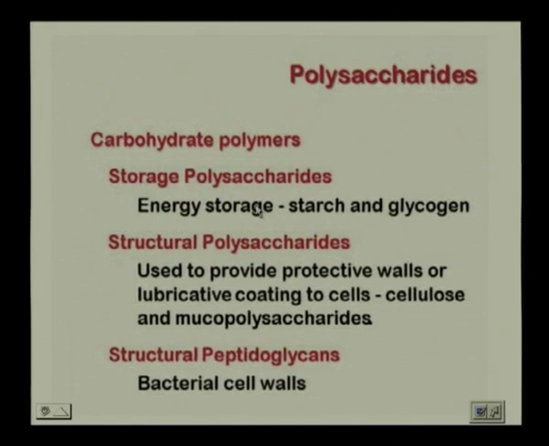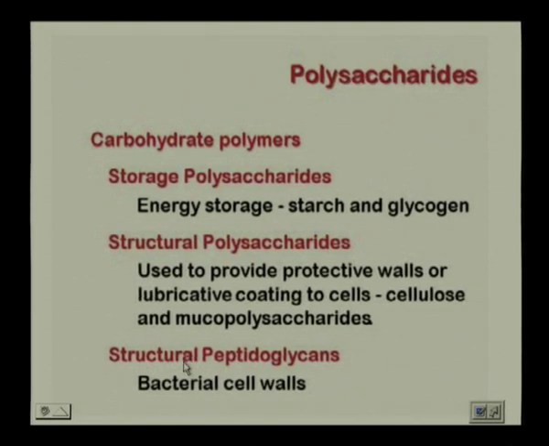The storage types are starch and glycogen. They could be structural, where they are used to provide protective walls or lubricative coating to the cells. This is like cellulose and mucopolysaccharides. We will see an example of each of these as we go along.